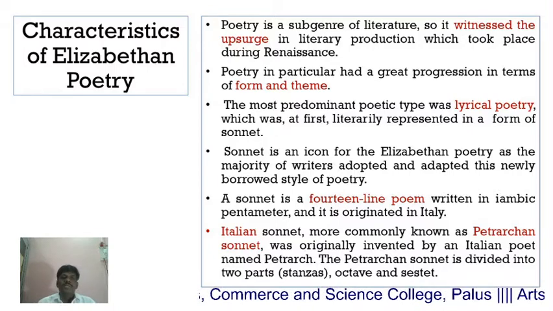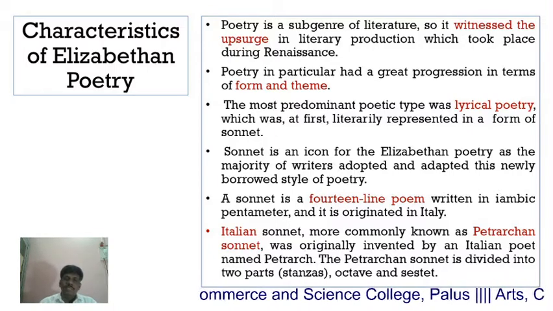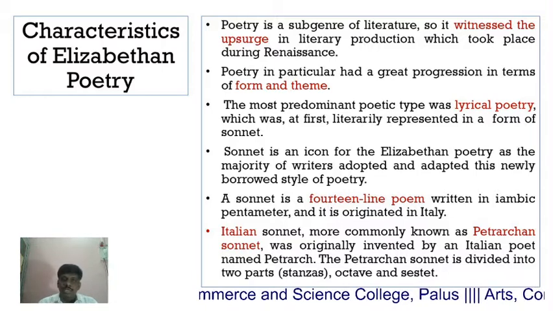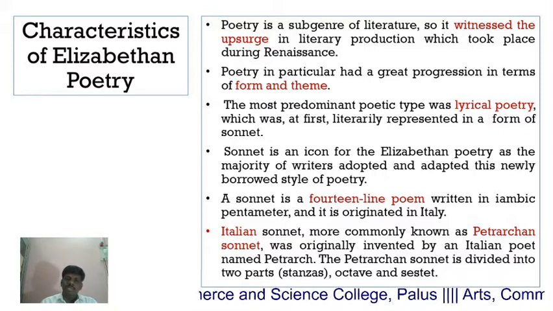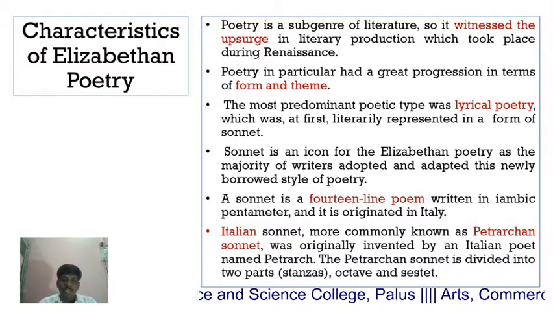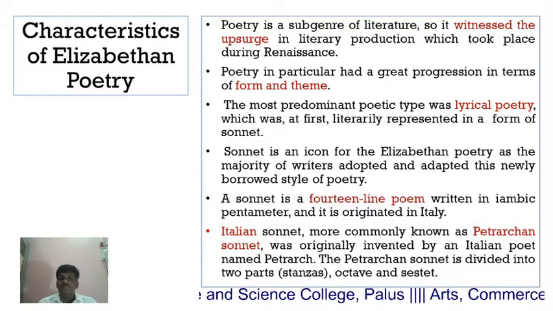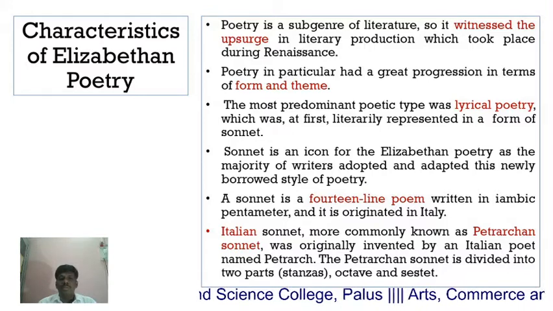This is the characteristics of Elizabethan poetry, and these are a more detailed exploration of the characteristics. All these things we have already explored in two lectures. Already we have discussed the characteristic features of Elizabethan poetry. So let us once again begin with this.